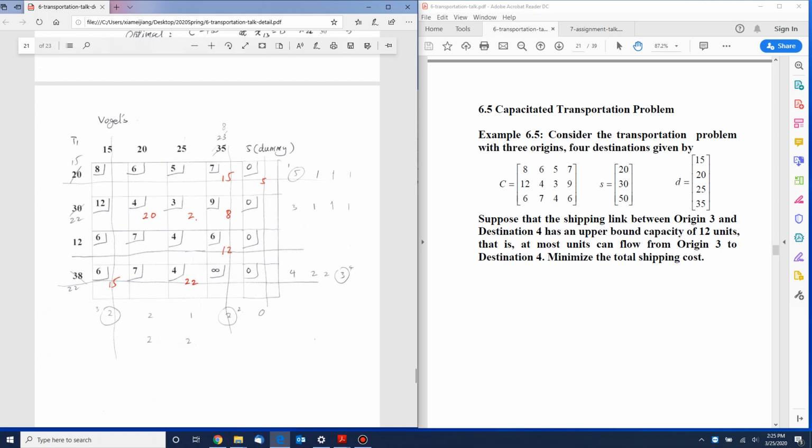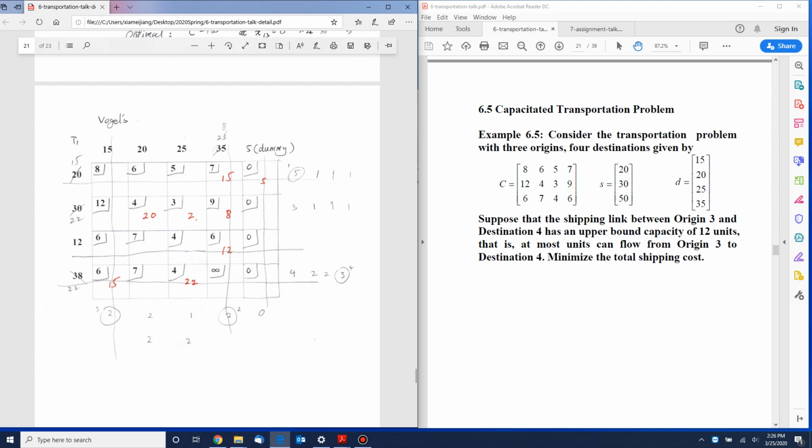That 38 row you could see on the bottom of this tableau, and all the prices from the orange 3 to other markets are the same, except that one from orange 3 to market 4.